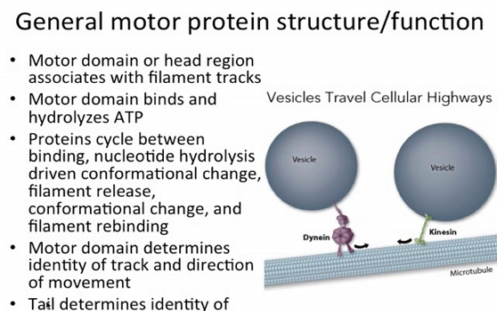The motor domain determines the identity of the track, which makes sense because it binds to the track. And the tail determines the identity of the cargo, which makes sense because it binds to the cargo. Here are two motor proteins that walk along microtubules, and they're directional, and we'll talk more about it: dynein and kinesin.